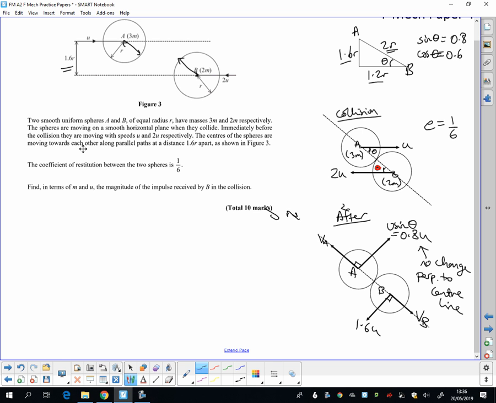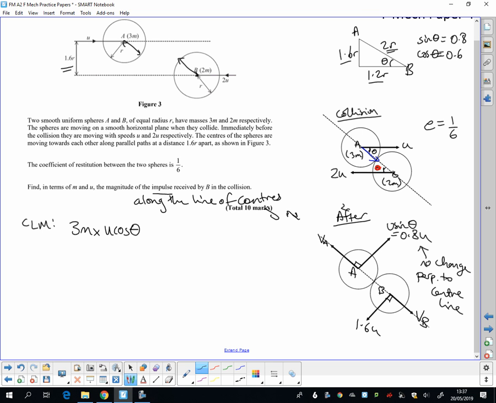Right. However, we are trying to find the magnitude of the impulse. So the impulse acts along the line of centres, which is why we never need to know what's going on perpendicular to line of centres. So along the line of centres, I can first of all look at conservation of linear momentum. To start with, particle A has a mass of 3m. If I'm trying to resolve along the line of centres, I want that blue arrow there, you can see that's adjacent to my angle, so that's going to be u cos theta.